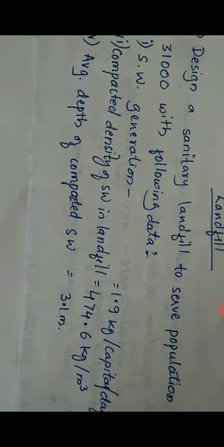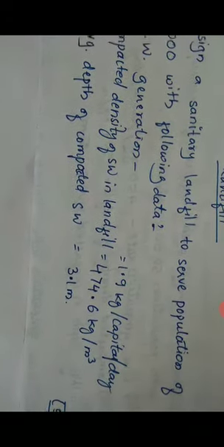Then one more thing given is the compacted density of solid waste in a landfill, which is 474.6 kg per meter cube. Then the average depth of the compacted solid waste is also given, that is 3.1 meters.